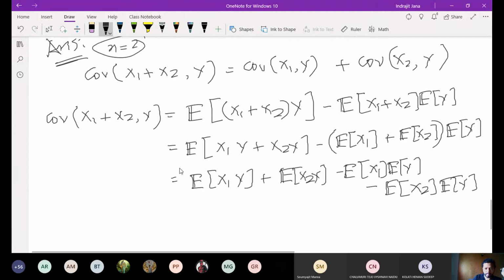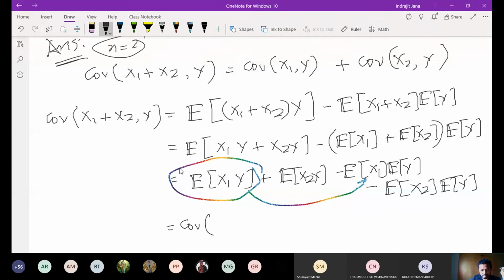Now if you put the appropriate terms together, if I put this term, expectation of x1 y minus expectation of x1 times expectation of y, what do you see? You see that this is exactly covariance of x1, y plus the other term, expectation of x2 y minus expectation of x2 times expectation of y, which is covariance of x2, y.